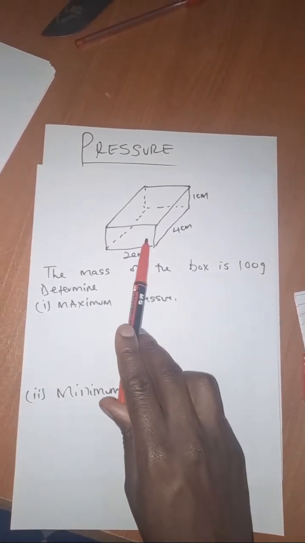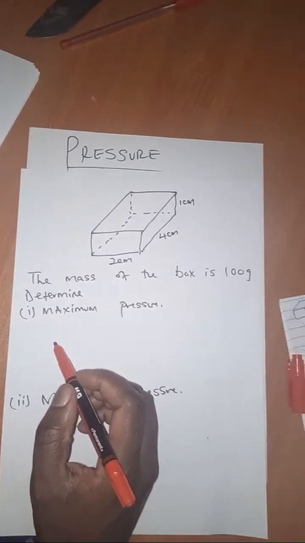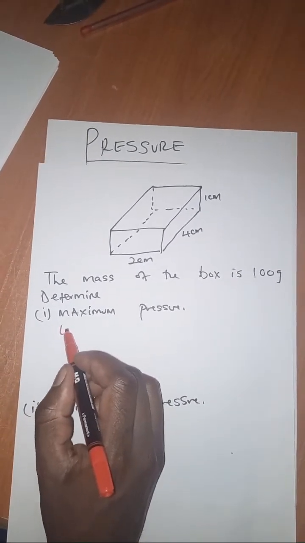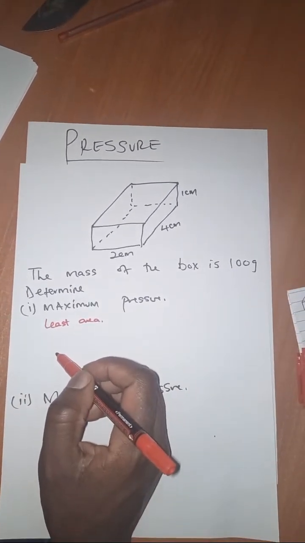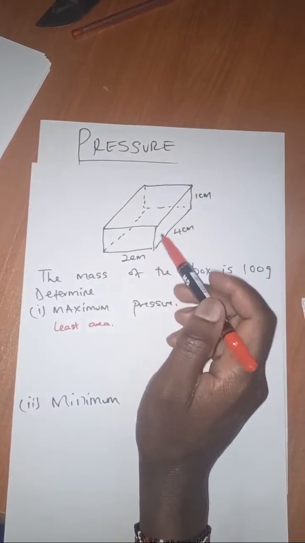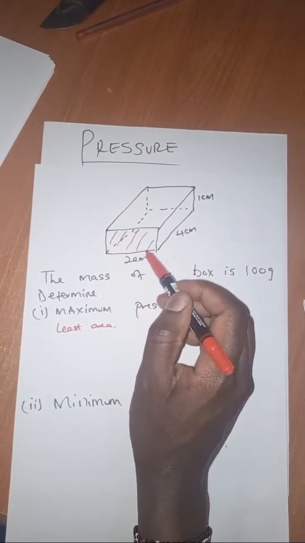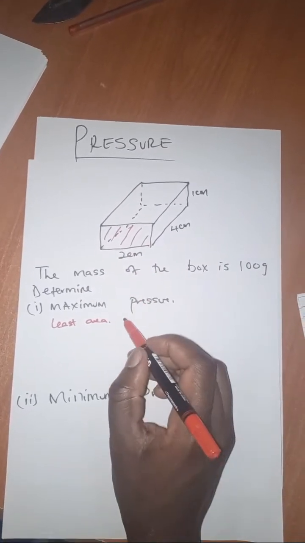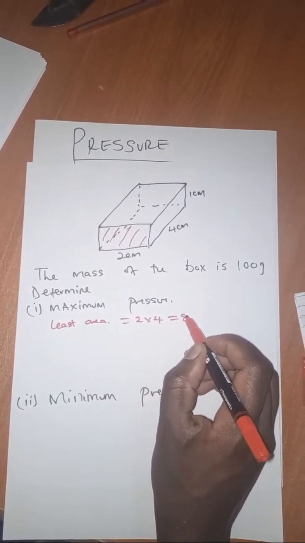This box will exert the maximum pressure with the least area, which is a combination of two dimensions, and from what you can see, it is this part. So that area will be 2 by 4 to get 8.